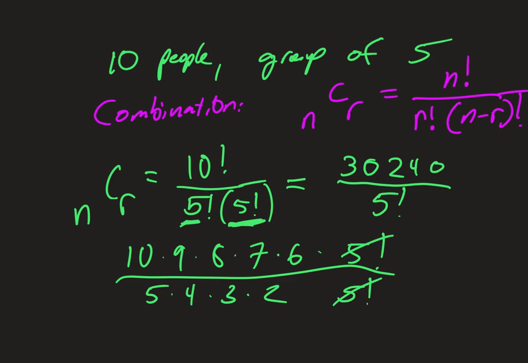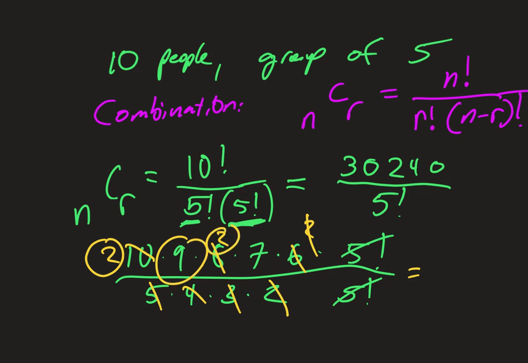And then I can reduce items here. 5 goes into 10 twice. 4 goes into 8 twice. 3 goes into 6 twice. This 2 goes into that 2 once, leaving me with 2, 9, 2, 7, and that's it. Which is 7 times 9 is 63 times 4.